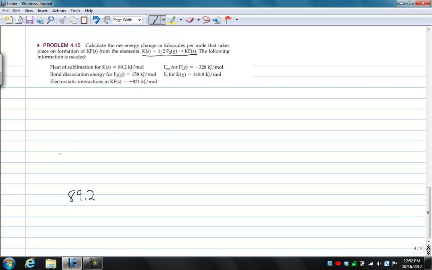And so in this case it's the 89.2 plus the 418.8 plus half of the fluorine bond dissociation energy, and then we're going to be subtracting a whole mole of the electron affinity, and we're going to be subtracting a whole mole of the lattice energy.